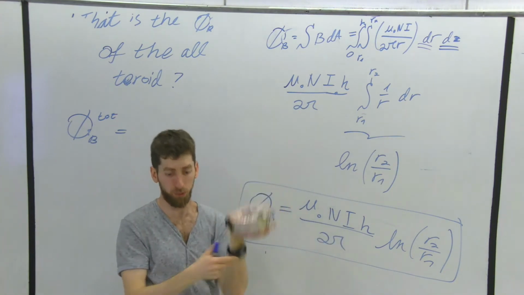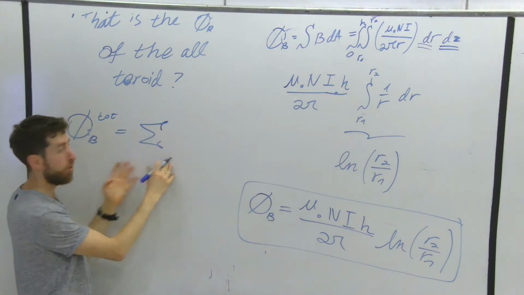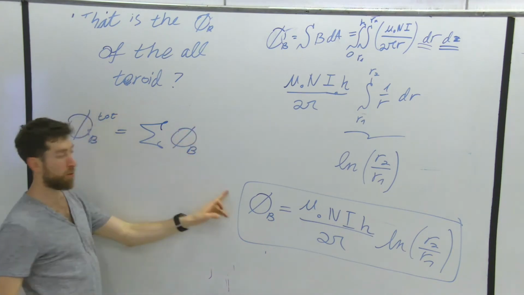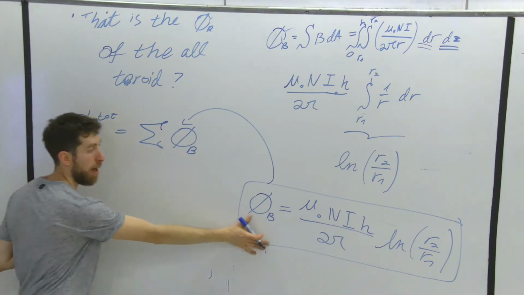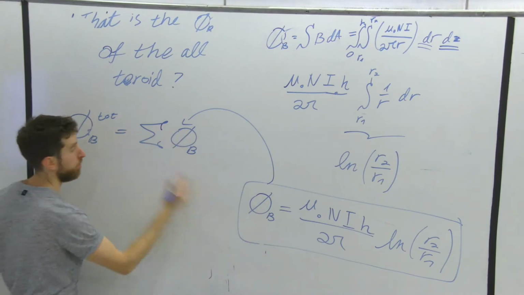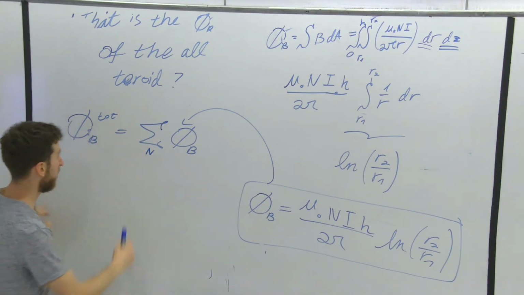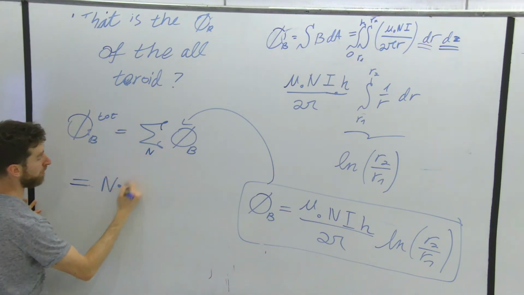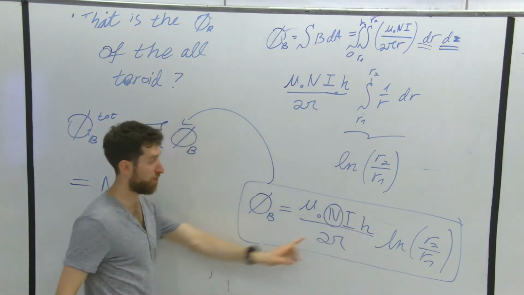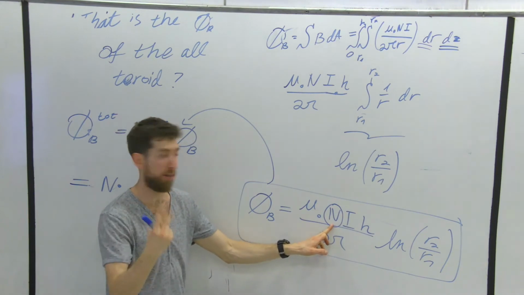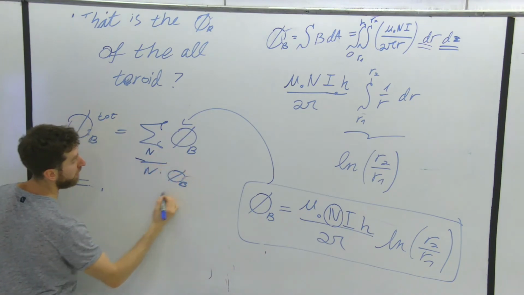I have many of those. So I can say this is equal to the sum of all the small windows that we already found. And how many windows like this do I have? This happens at every angle, so it happens n times, because I have n loops. So this is n multiplied by this. And if I multiply, you see I already have n because I found the magnetic field, so this becomes n squared. So this is a multiplication of n and phi b of the single loop.